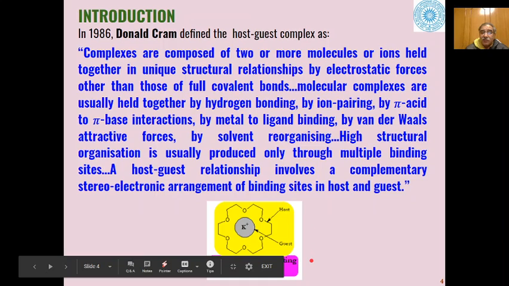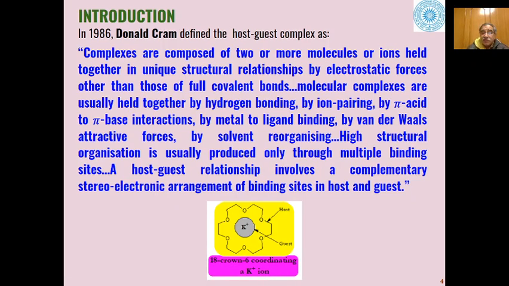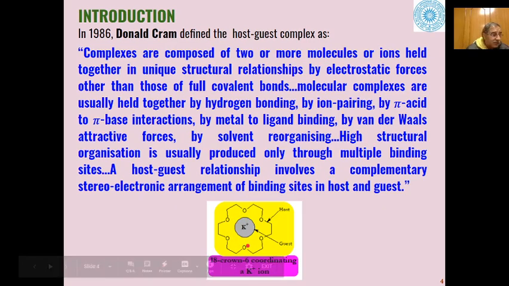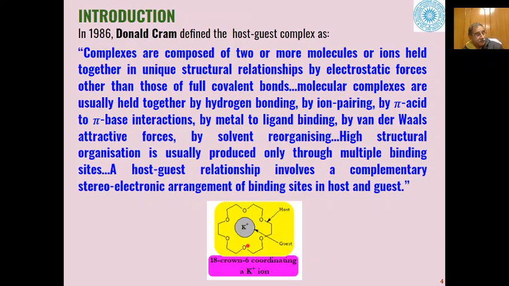For example, you can see here a host-guest complex of 18-crown-6, which coordinates with potassium ions. Potassium is acting as a guest, and the 18-crown-6 crown ether is acting as the host. These oxygens, because of the lone pairs on them, are responsible for coordination complex formation with the potassium ions.